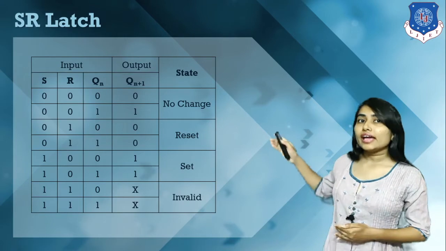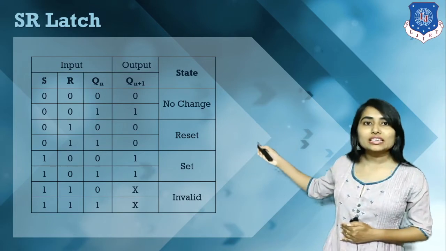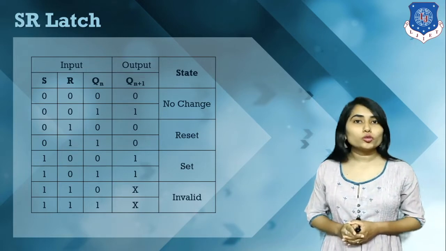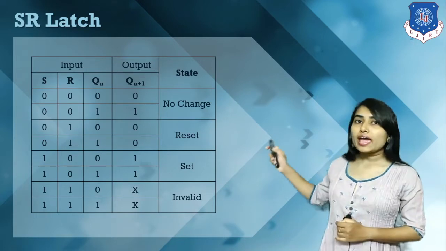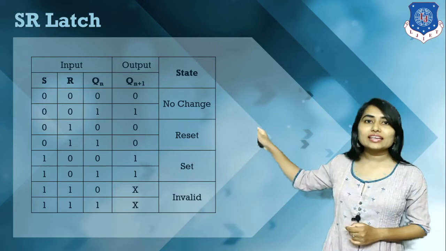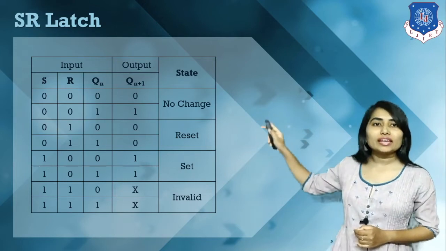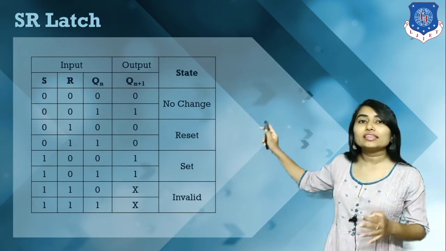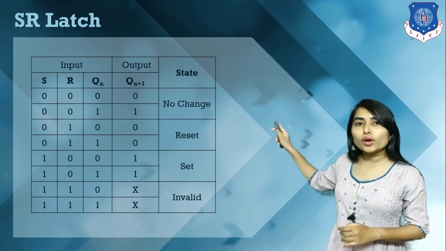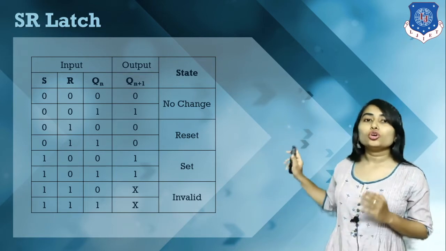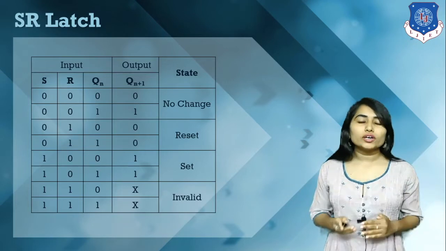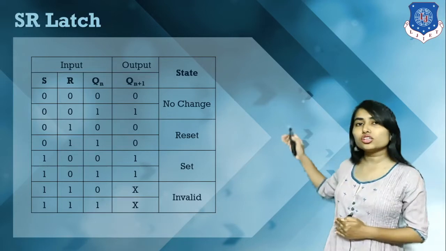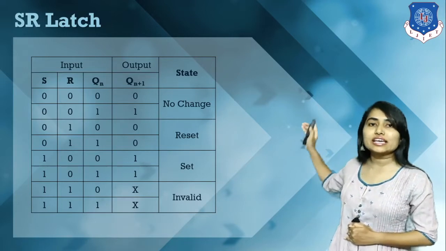Now for S equal to 0 and R equal to 1, we have a reset condition, so the output will be 0. Whatever the value of the past output, either 0 or 1, Qn plus 1 is equal to 0, because R is equal to 1. It is known as a reset state.